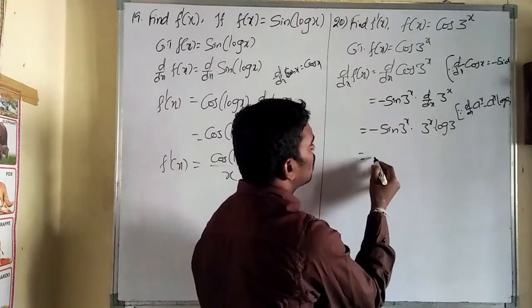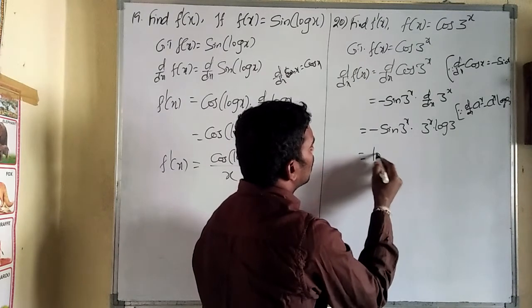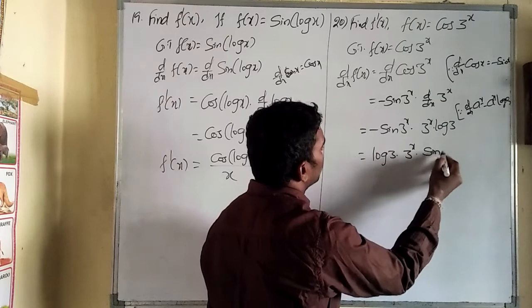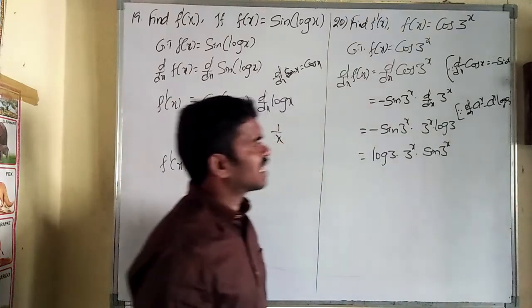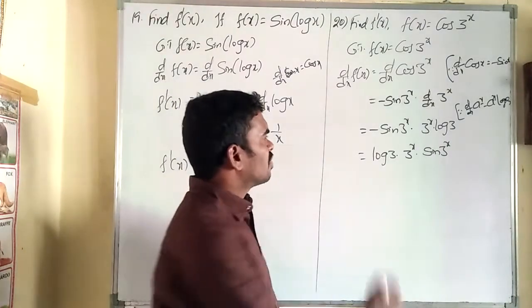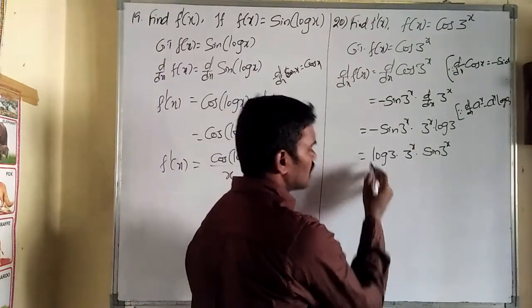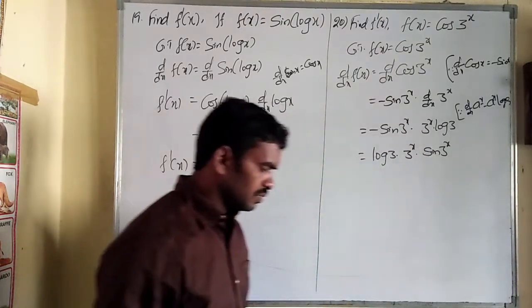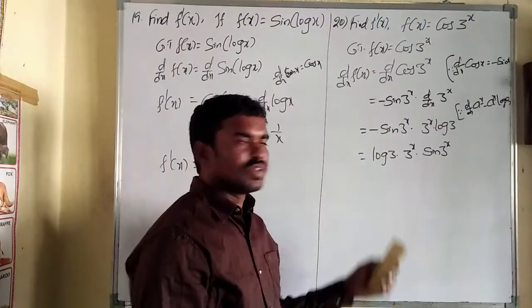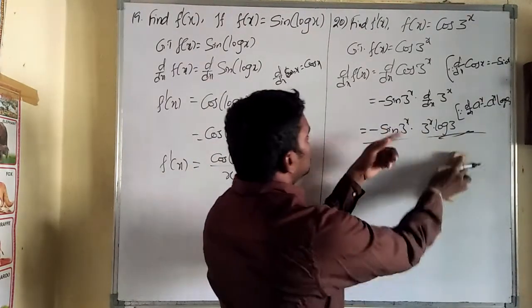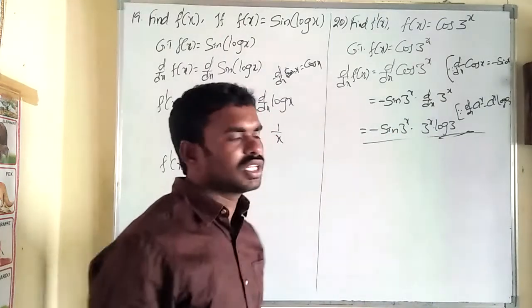So the complete answer is minus log 3 into 3 power x into sin 3 power x. You can keep the minus in the answer, no problem.